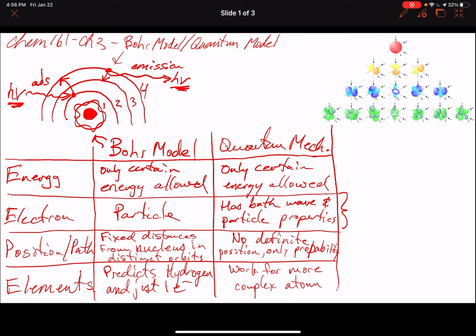concept of a wave-particle type property that we need, and no definite position as we build in ideas from the Heisenberg uncertainty principle. So as your textbook indicates, the quantum mechanical model can give us probabilities of finding an electron near the nucleus.